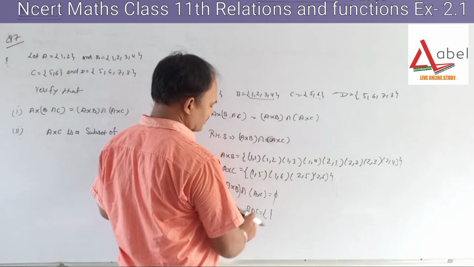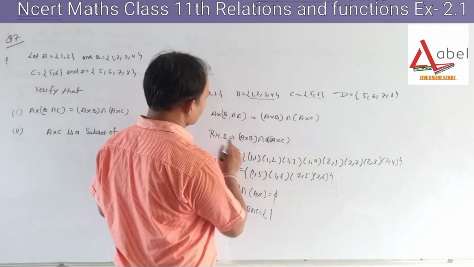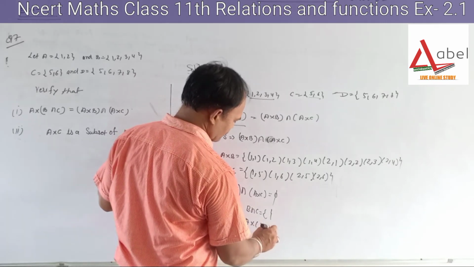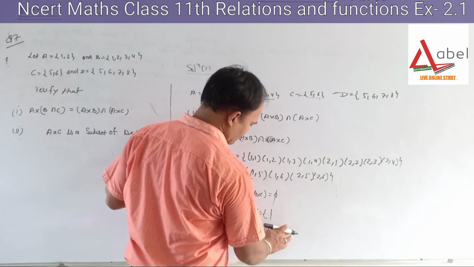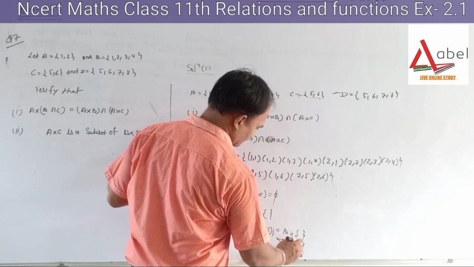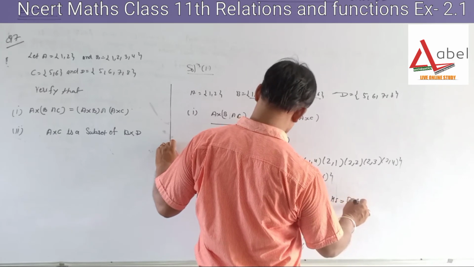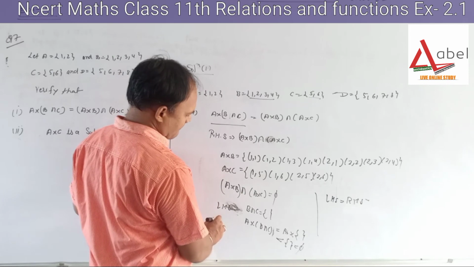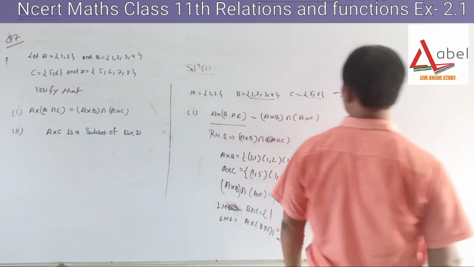So B intersection C is empty. Now we have to find A cross (B intersection C), so A cross the empty set is empty. It means LHS equals RHS.